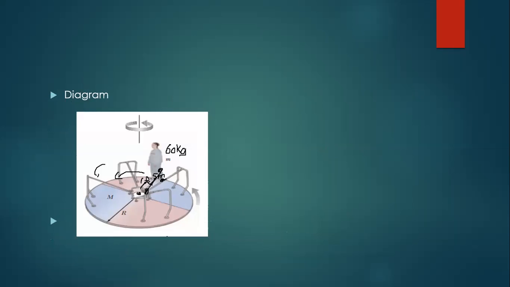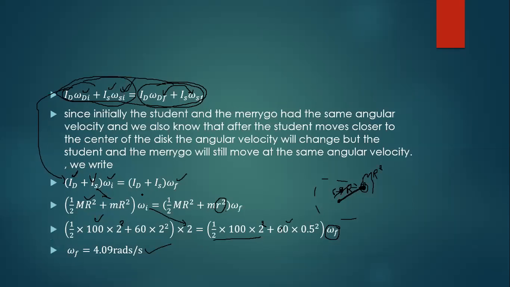As she moves closer to the center, we have seen what has happened. The angular velocity has changed. In fact, the angular velocity has increased. Initially it was 2 rads per second. When she moves closer to the center, the angular velocity increases.